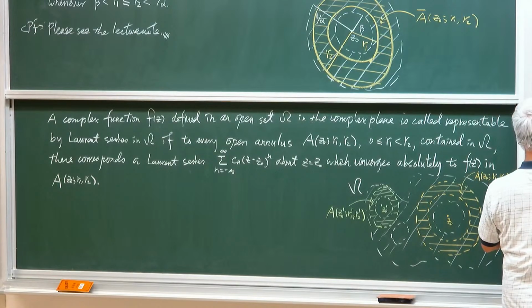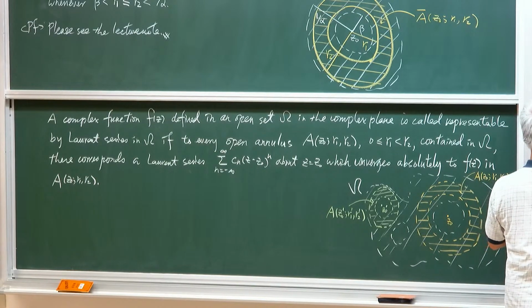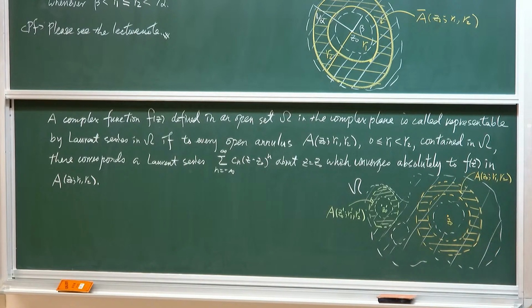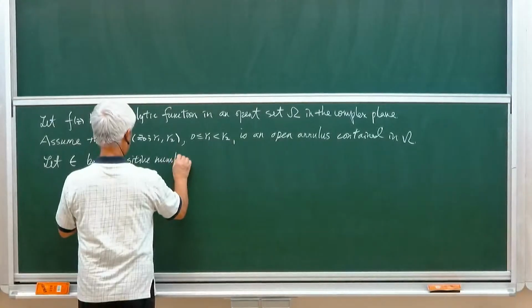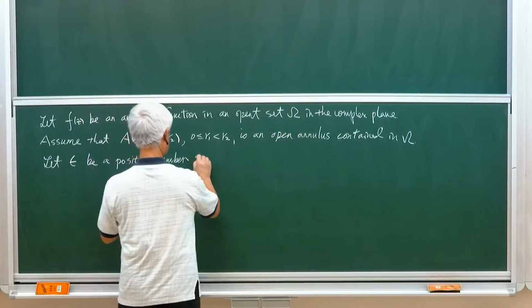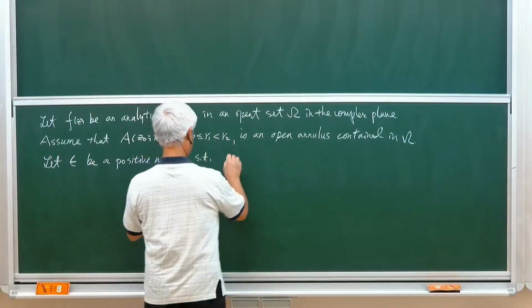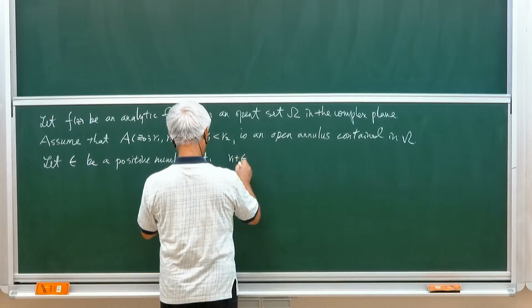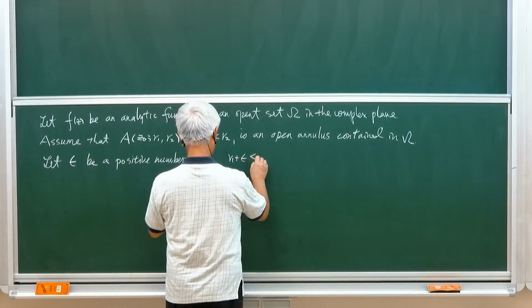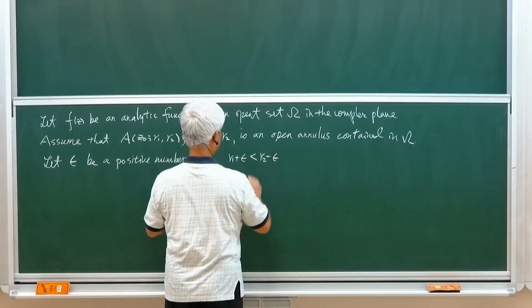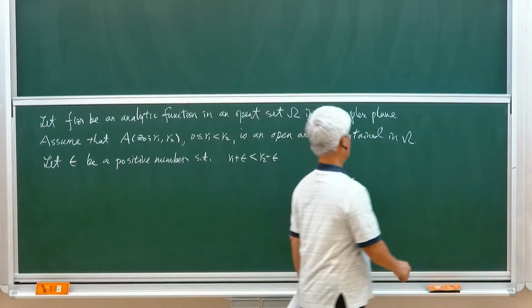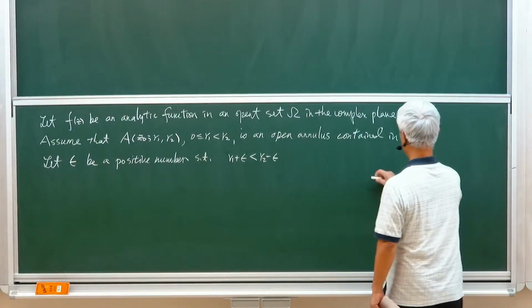All right, and so we let epsilon be a positive number such that R1 plus epsilon is less than R2 minus epsilon.